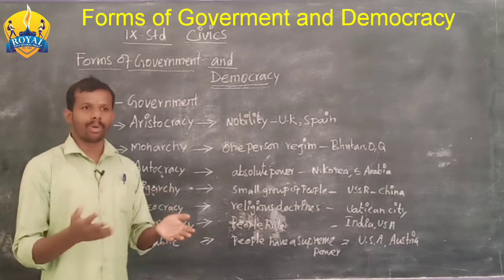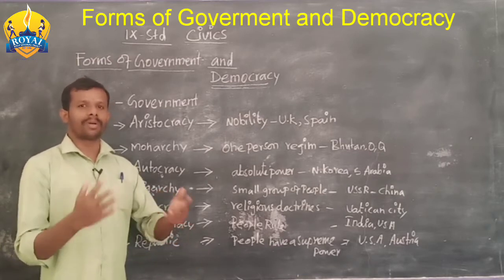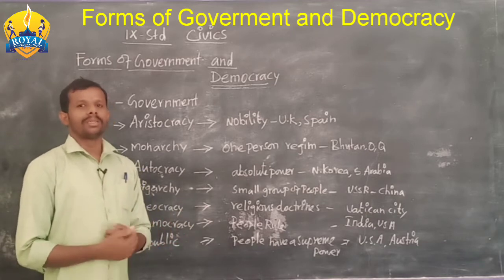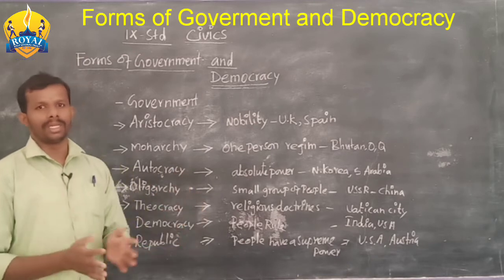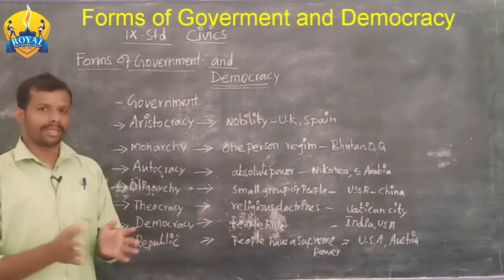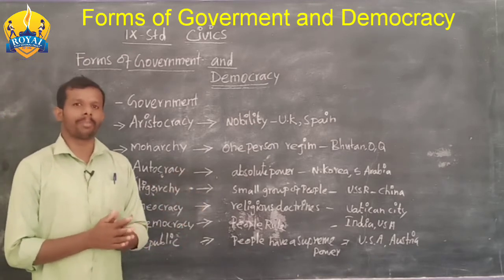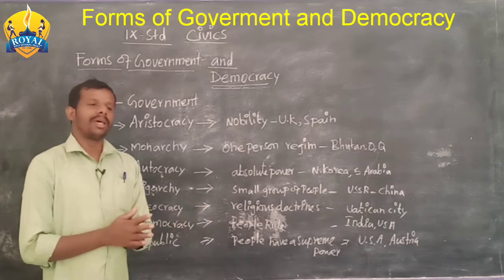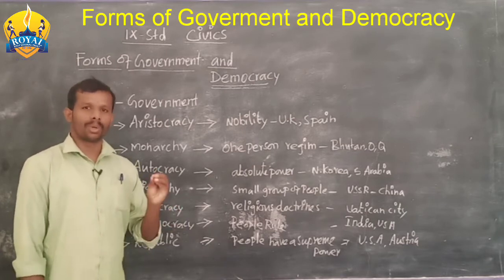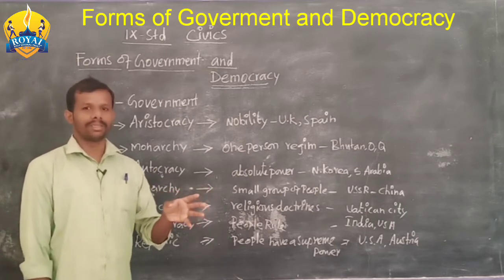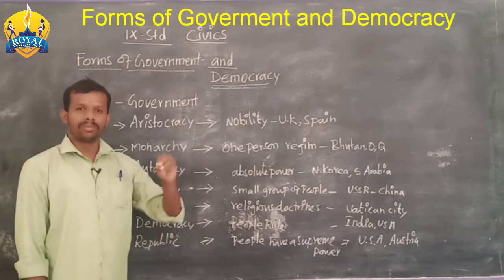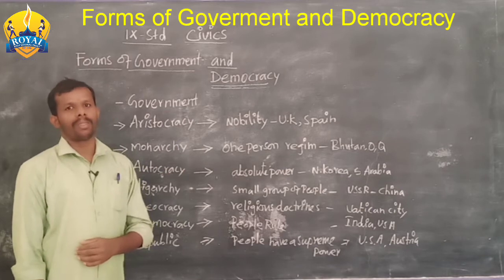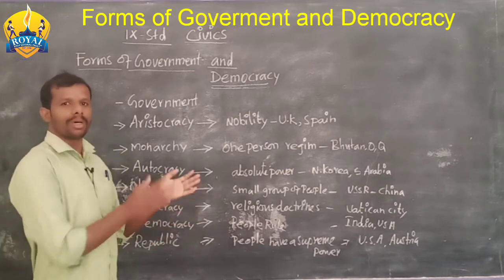Nowadays, for nearly 6 months, the whole world is in a panic. What is the reason for the panic? The pandemic. What pandemic? The corona. The corona has affected almost all countries in the world.